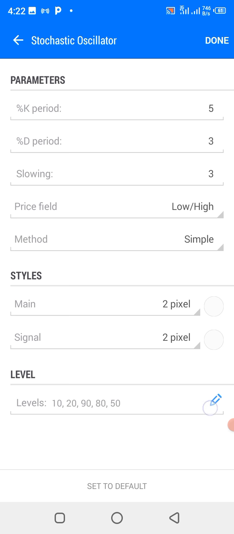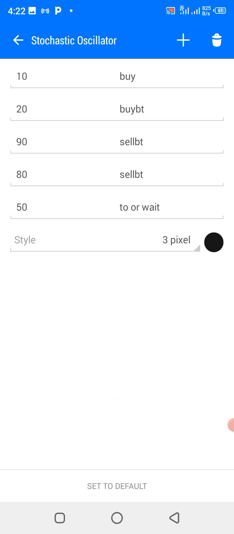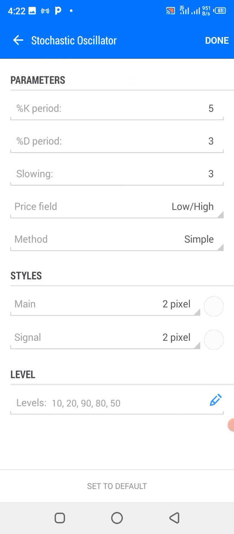Then the levels, the main levels we need here are level 10 and level 90. Please forget every other level here. Level 10 and level 90. Level 10 you buy, level 90 you sell. So that is it. You click on that.